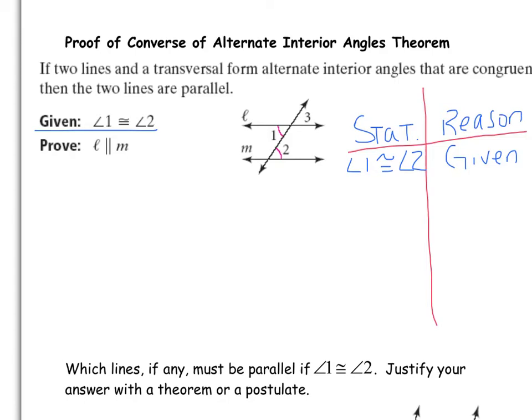Now, we know that because it was given. We have to prove lines L and M are parallel. So basically, when you're proving two lines that are cut by a transversal to be parallel, you have to somehow introduce one of the other special angle pairs, show that they are either congruent or supplementary, depending on what pair you introduce, and then say the lines are parallel because of the converse of that kind of angle.